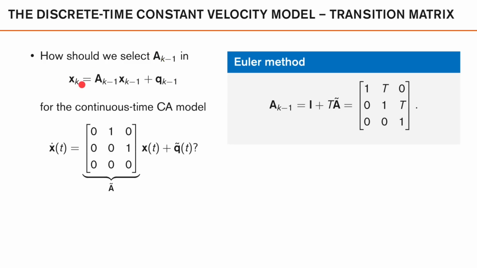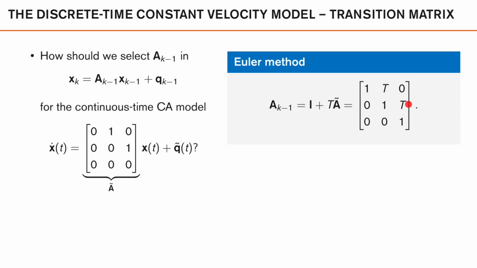Now, finding the Euler approximation for this system is again trivial. We plug in A tilde into this equation here. So A_{k-1} is the identity matrix plus T times A tilde, which becomes this matrix here, because the identity matrix has all ones on the diagonal, and A tilde has these ones here, so T times A tilde becomes these two off-diagonal elements.